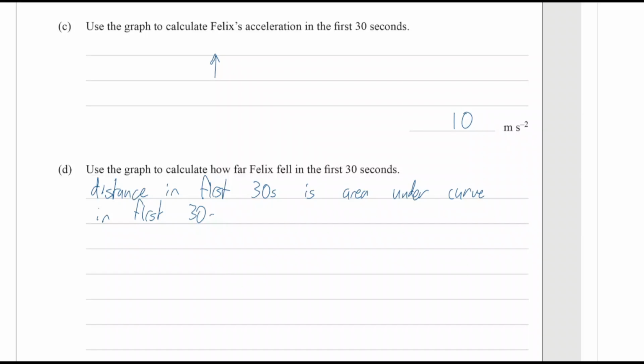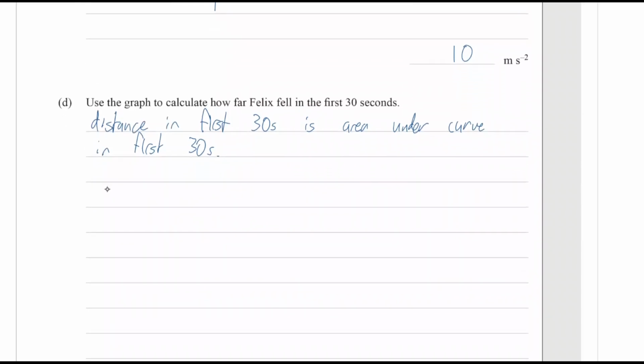So I'm just being very exact in what the distance corresponds to. So distance equals half times the base times the height, which is, what is that, 4,500 meters. Don't forget your units here.